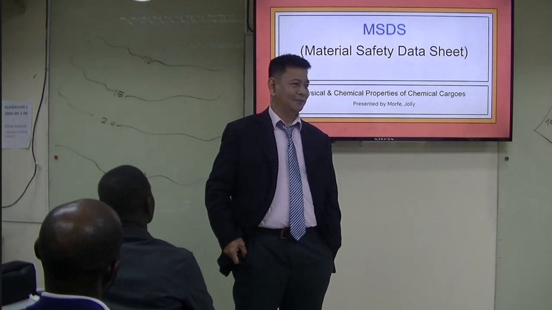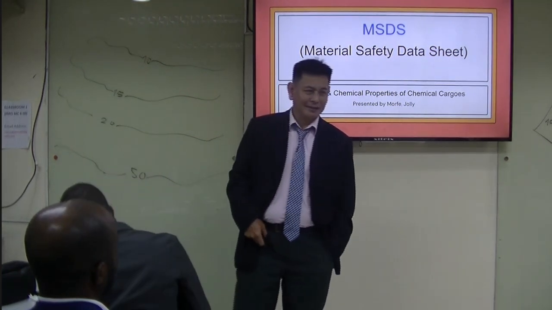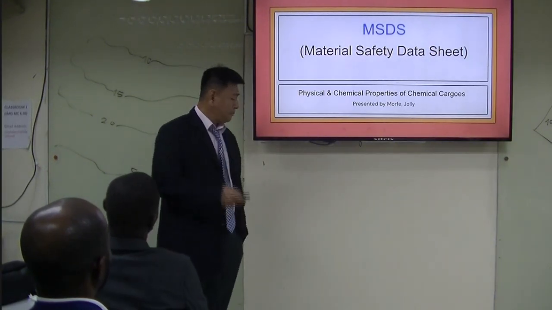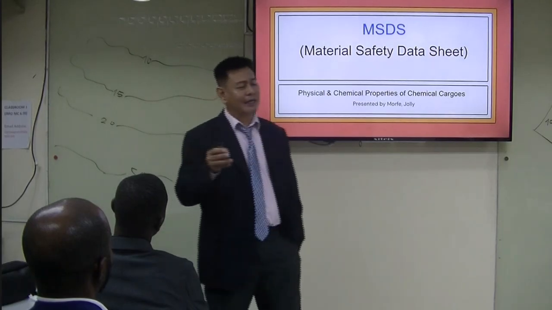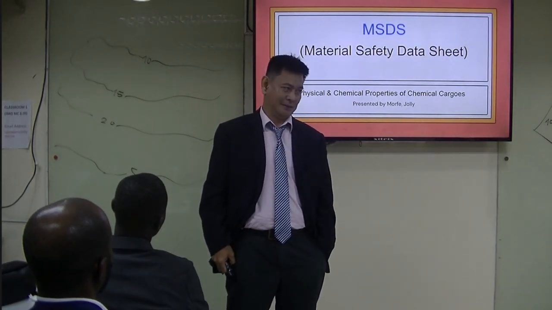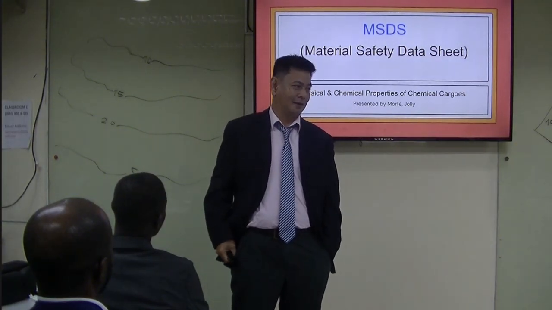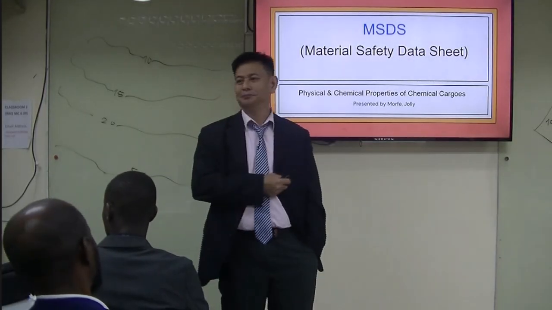Even in the engine room, there is an MSDS. So if I ask you, can this MSDS also be present in our daily living, even not on the vessel, do you think it still exists on land?